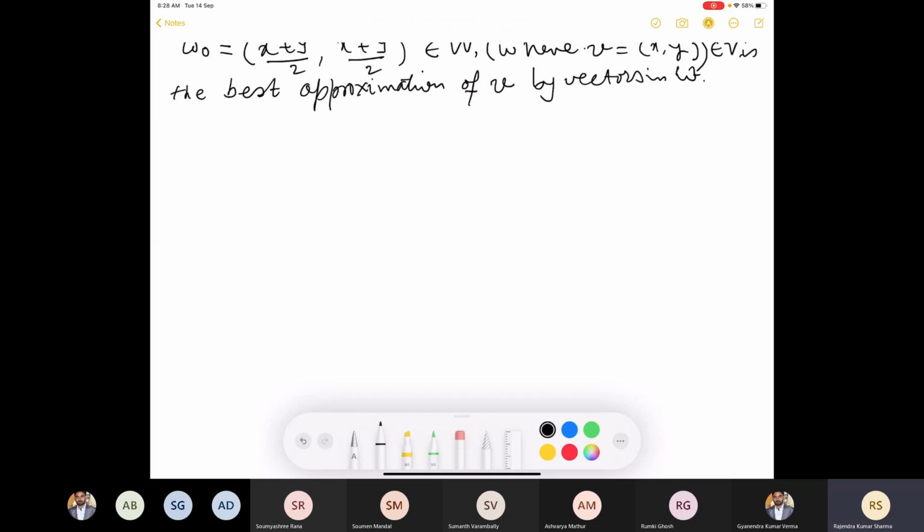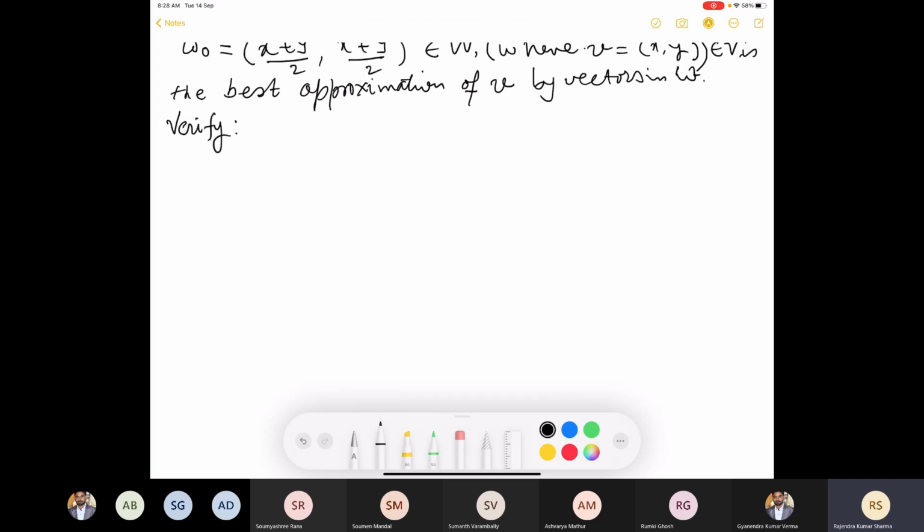So if you take x as 1, y as 2, in that case, you can see this is the foot of the perpendicular on the line y is equal to x drawn from the point (1, 2), and the coordinates will be as we can see here. So this is 1 plus 2, that is 3 by 2, 3 by 2. You can verify this is the case.